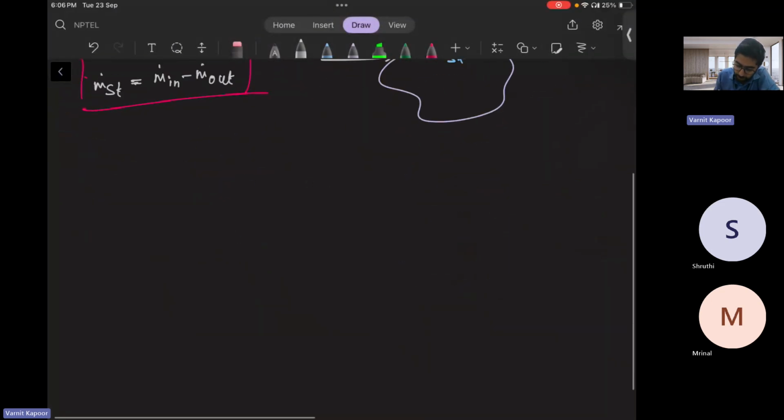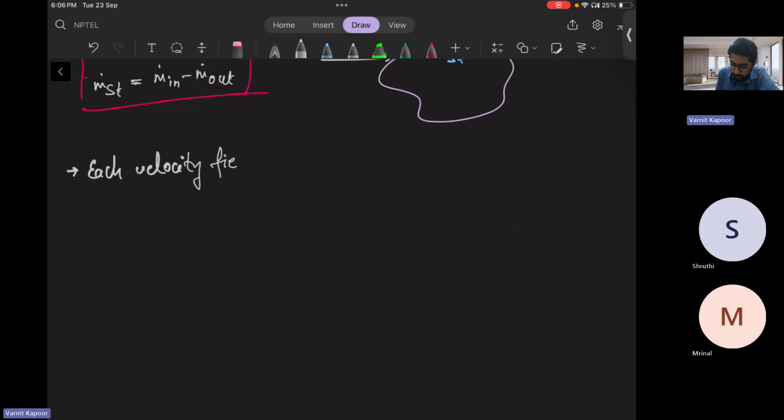Okay, so let me write here. Each velocity field must satisfy its continuity equation.